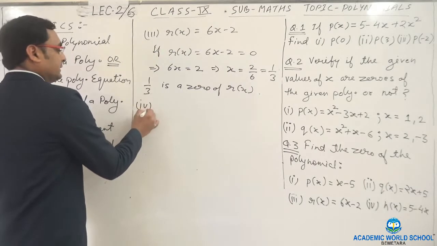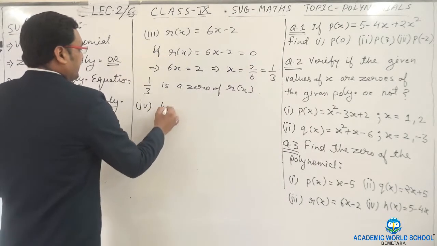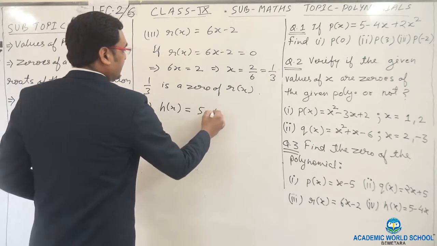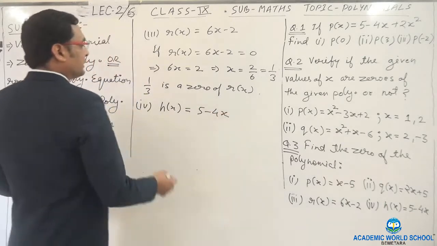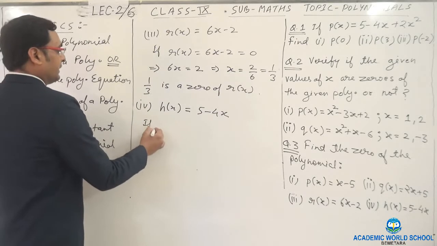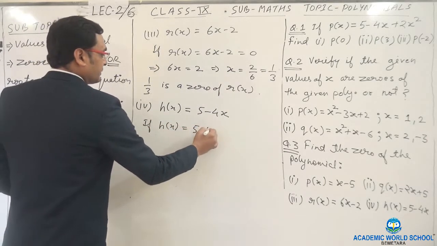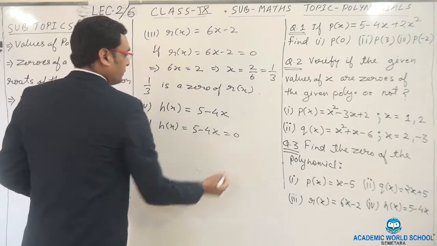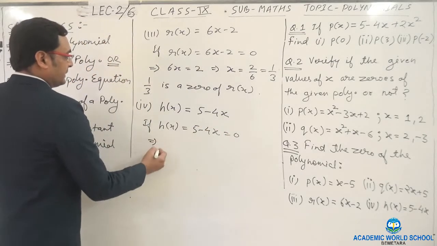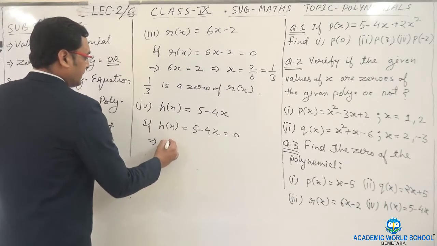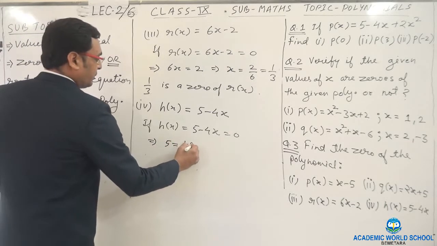Last option is h(x), which is 5 minus 4x. Put this polynomial equal to 0. If h(x) is equal to 5 minus 4x is equal to 0, this implies, you can solve it like this: 5 is equal to 4x.